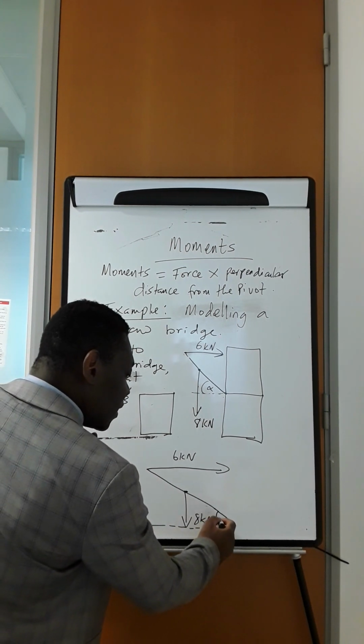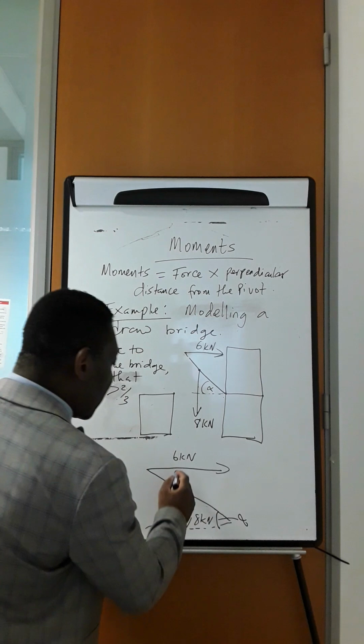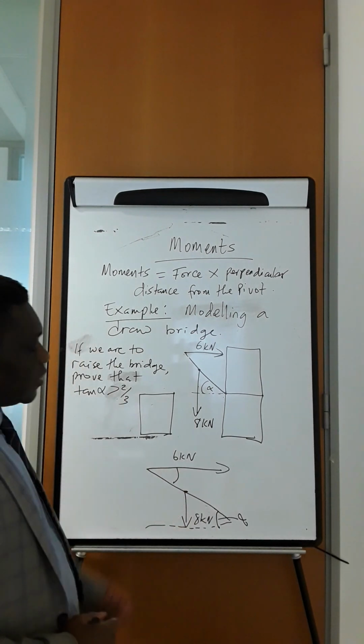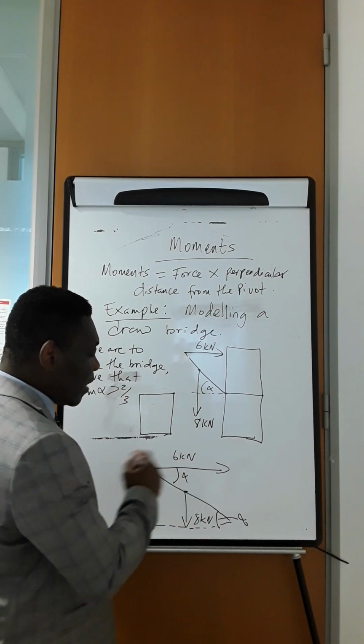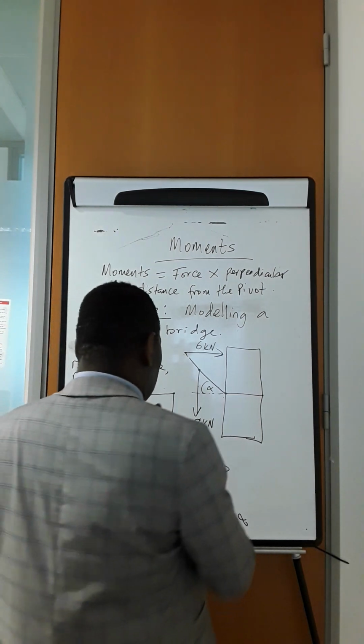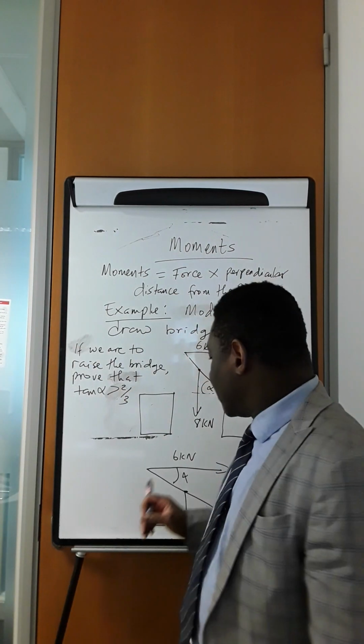Okay, this is alpha. By trigonometry and geometry, this should be alpha as well. So we have 2 angles here, alpha.